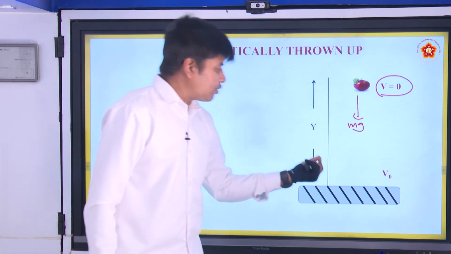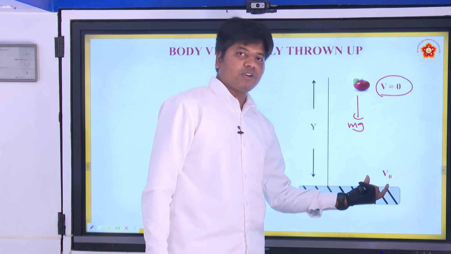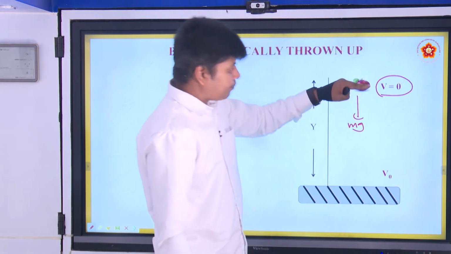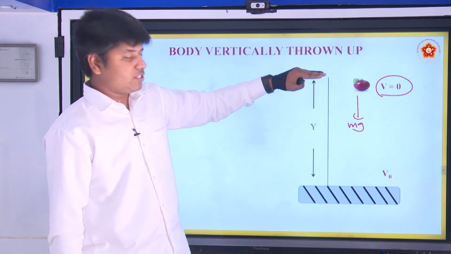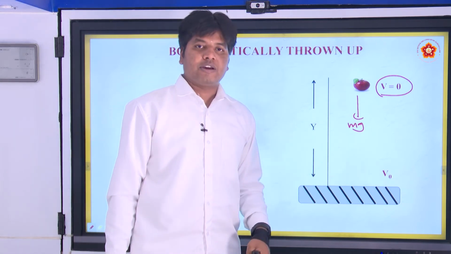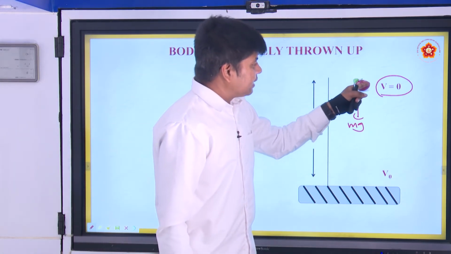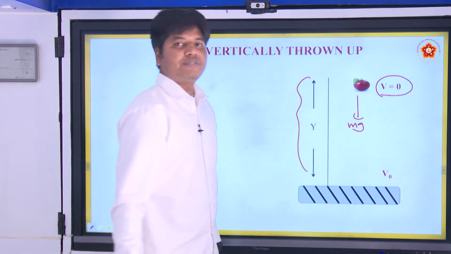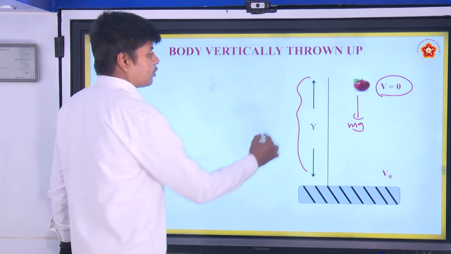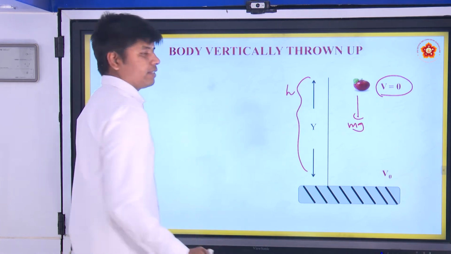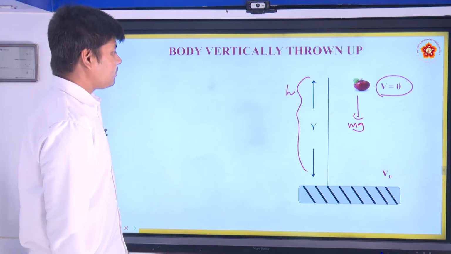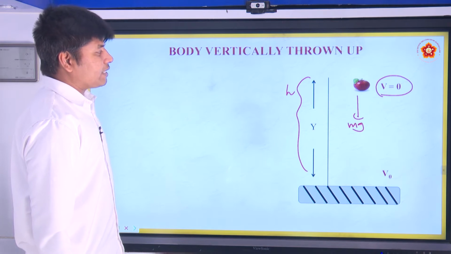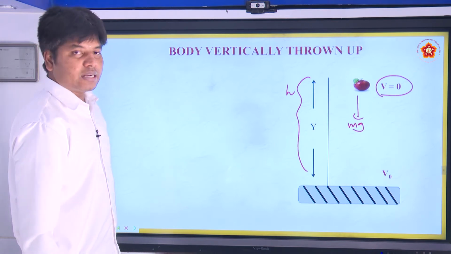When you throw up, you are giving some velocity. It goes to some height based on the velocity you have given, and the velocity becomes 0. This we call the maximum height attained by the body. So for this equation, what will be your g value?